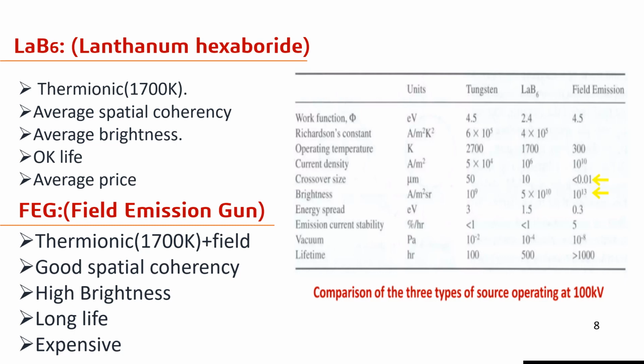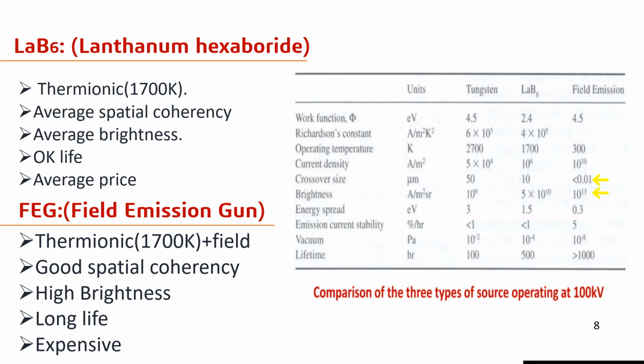In a field emission gun, electrons can only be emitted from the very tip, therefore it has good spatial coherency. Also see in this picture, the operating temperature of tungsten is 2700, LaB6 is 1700, and field emission gun is 300.